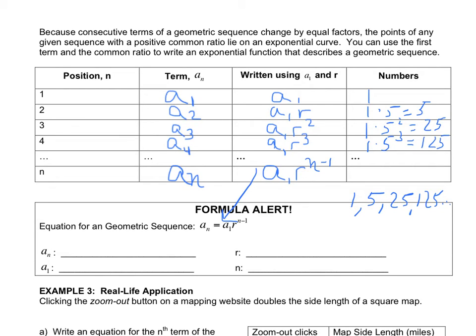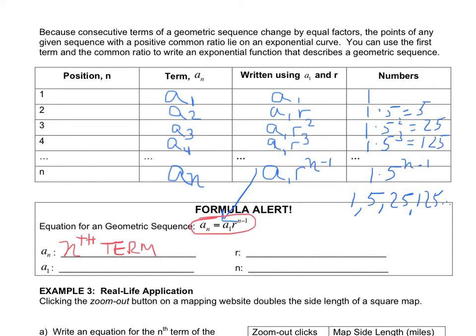Now what that looks like as far as our equation to the nth term is 1 times 5 to the n minus 1. And this is the formula that we just were referring to. So when I'm trying to write the equation for a geometric sequence, a sub n is the nth term. If somebody said, I want to know the 7th term, that's going to be in that spot.